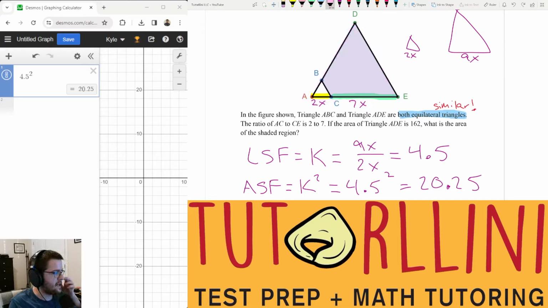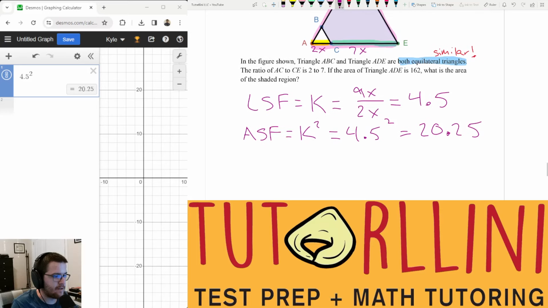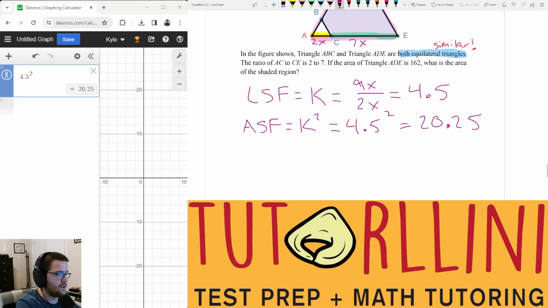So we're going to need to find the smaller area. To do that, we're going to have to divide. So the area of the little one, ABC, is equal to 162 divided by 20.25.